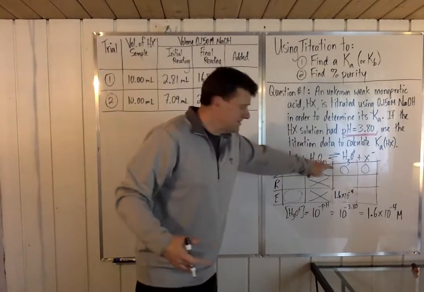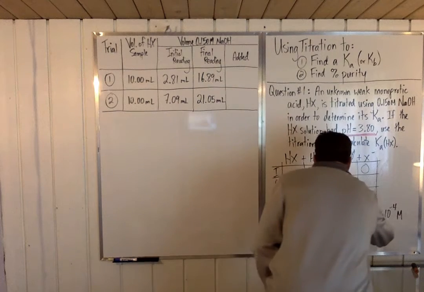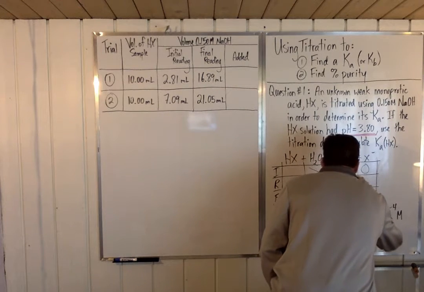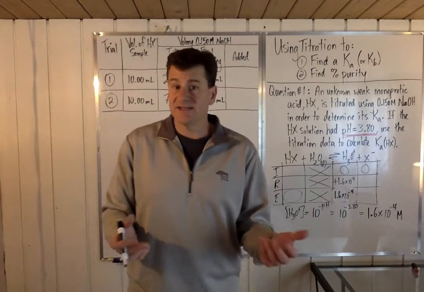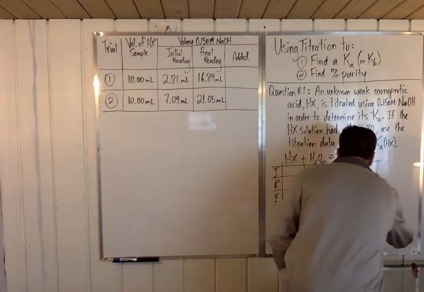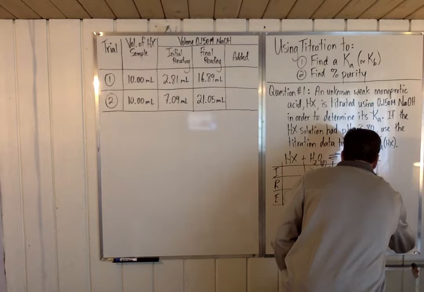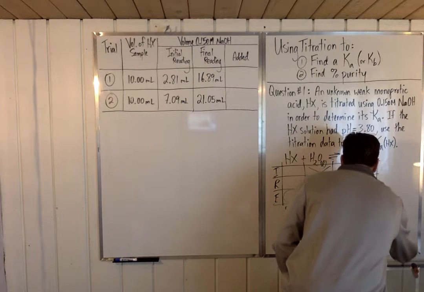It started at 0 and it went up that amount. That means the X minus did the exact same thing, so it also went up 1.6 times 10 to the negative 4.